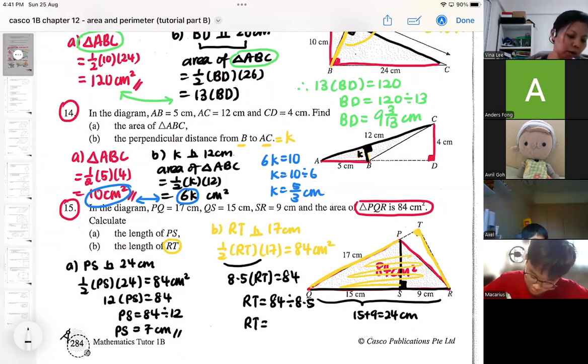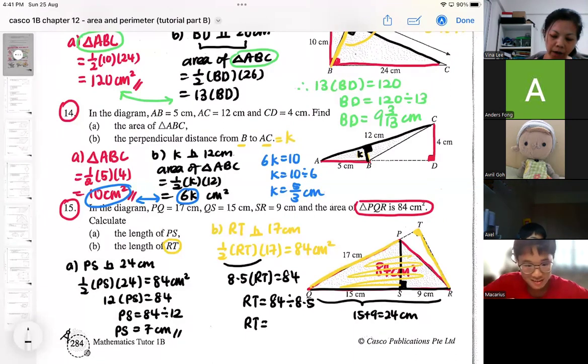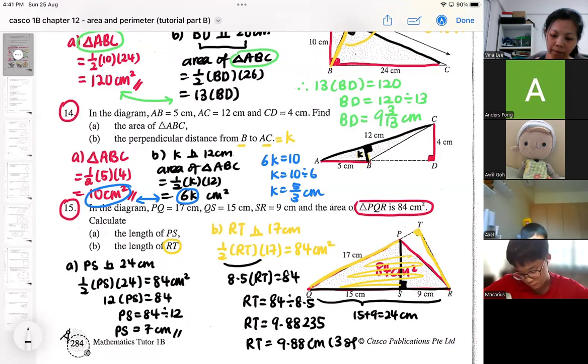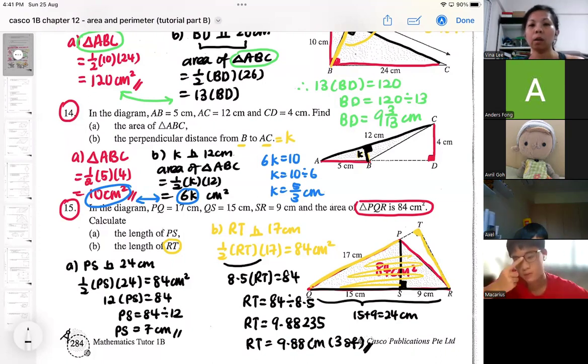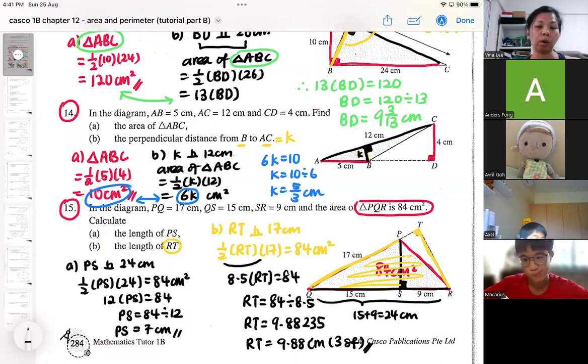So I will call this the same area method. If the answer is not nice, it's okay. In the O-level context, it's 3SF. I just happen to use 3 triangles to show all of you.